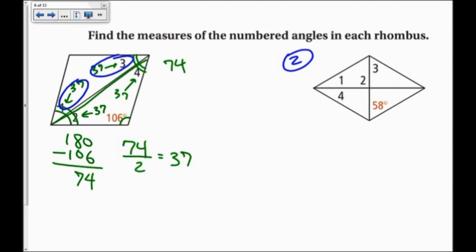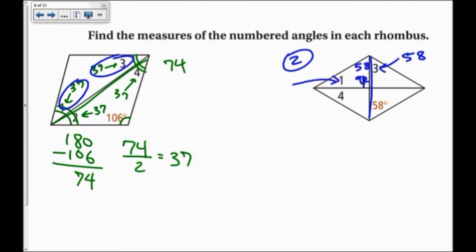The first thing I notice is that the diagonals are perpendicular, so angle 2 must be 90. Like we just talked about, this diagonal will bisect opposite angles, and angle 3 will also be 58. Now to find angles 3 and 4, it'll take a little bit more work. This is also 58 and 90.